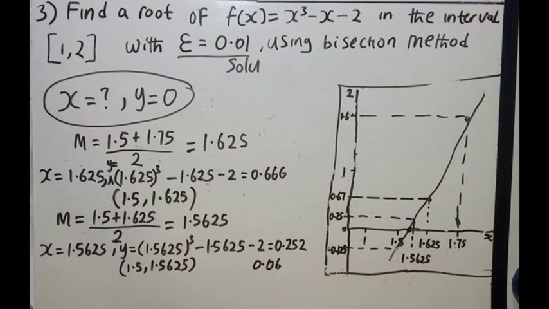So we are close. This is the approximate value. So in between these two, we have our middle point to be 1.5 plus 1.5625 over 2.